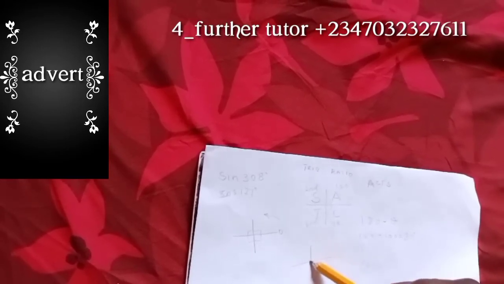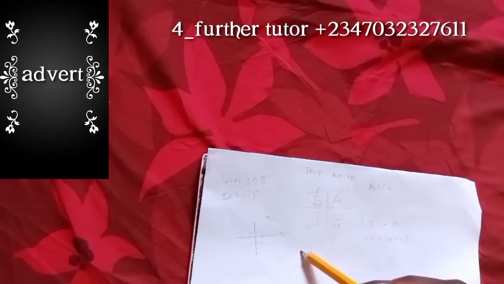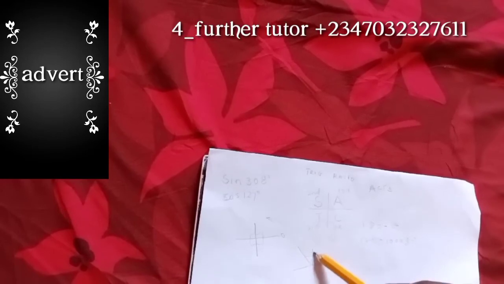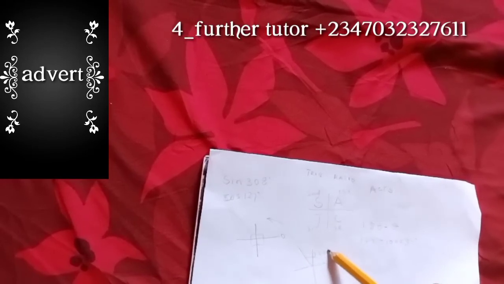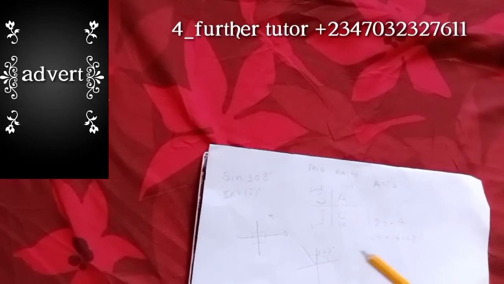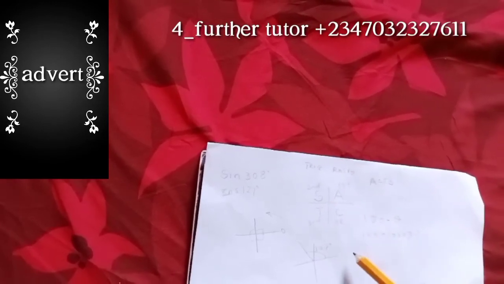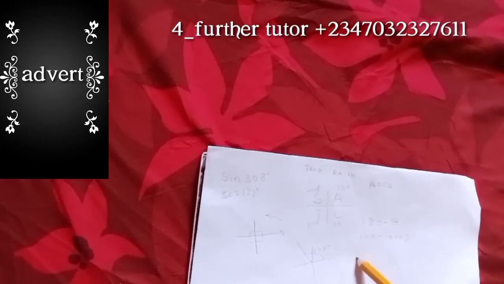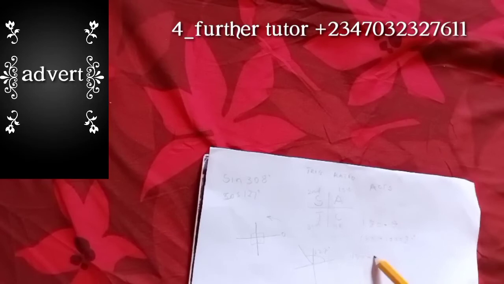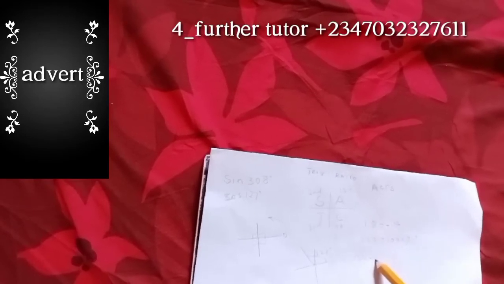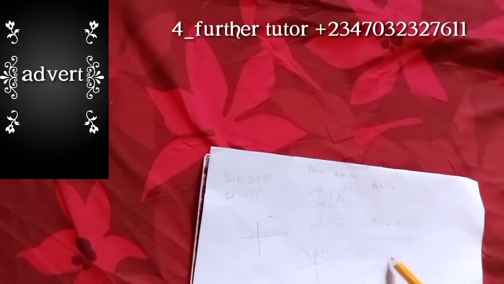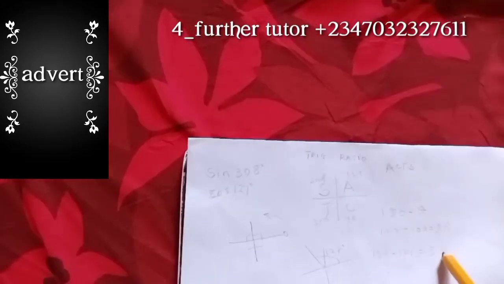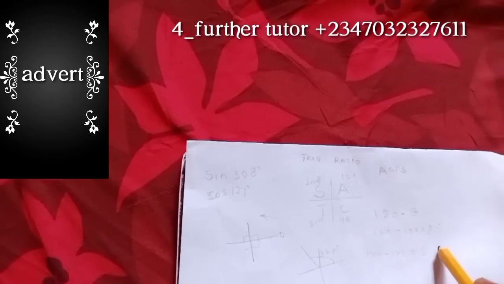So I'll just add a little mark to get 127 degrees. But you don't really need this. What you need is to note that it is in second quadrant. And what happens in second quadrant? 180 will always minus your theta, which is 127. And that should give you 53 degrees.